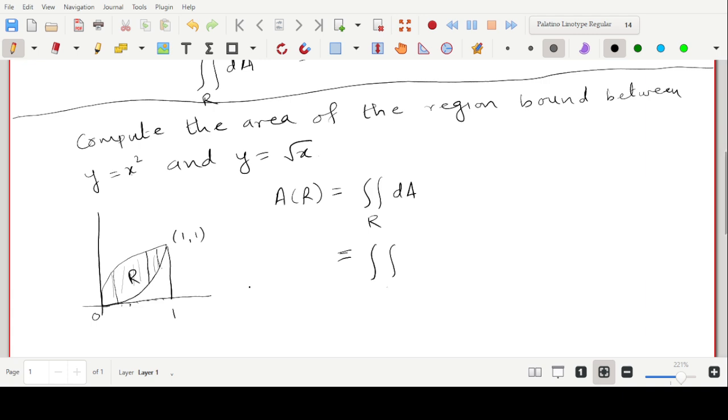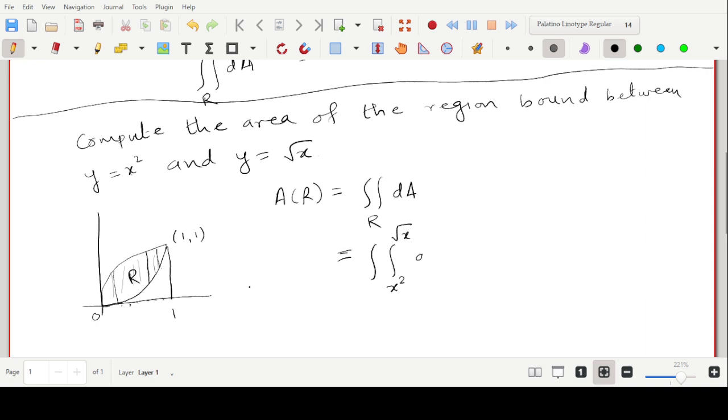So first we shall integrate with respect to y, and the lower limit is x square, upper limit is square root of x.